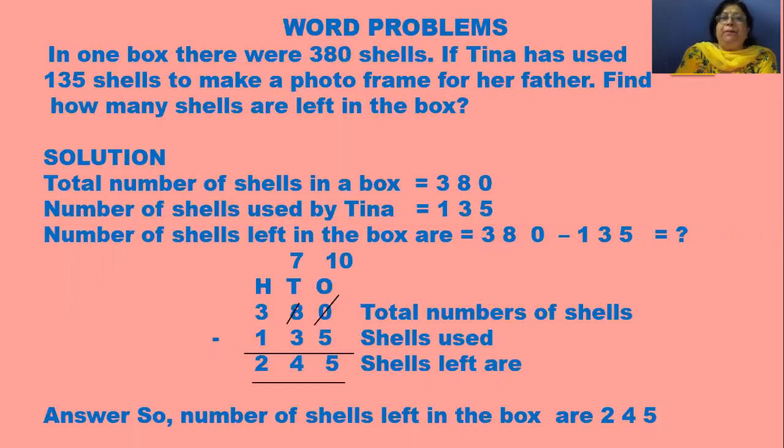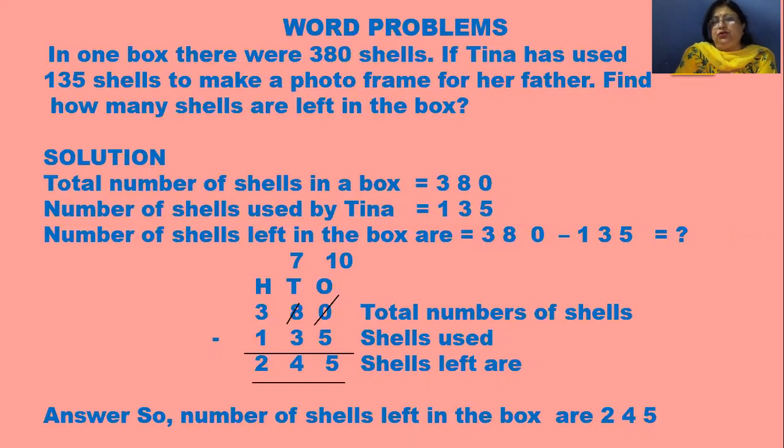Then, number of shells which are already used. So, the number of shells used by Tina is 135. Number of shells left in the box, this we have to find out. So, 380 minus 135. We are going to write down under HTO.